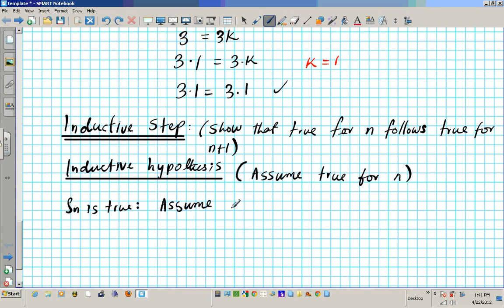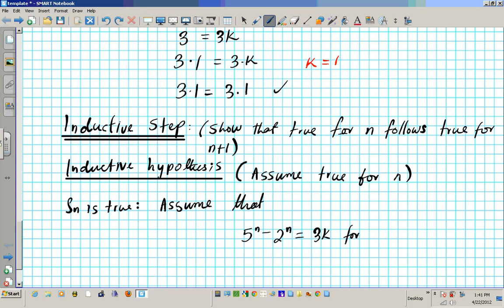So we're going to assume that 5 to the n minus 2 to the n is equal to 3k.